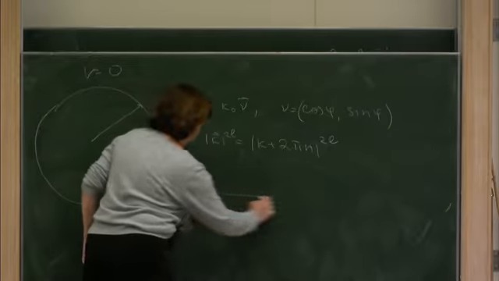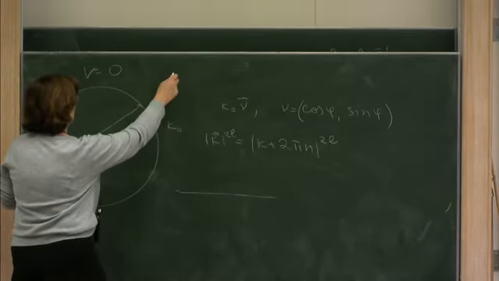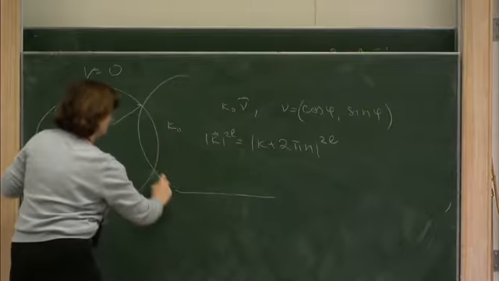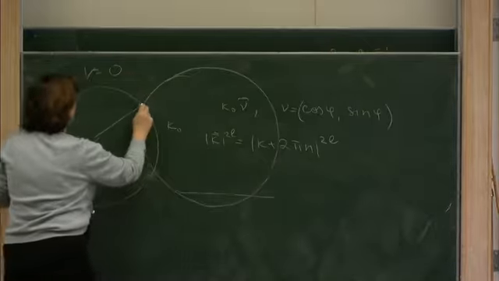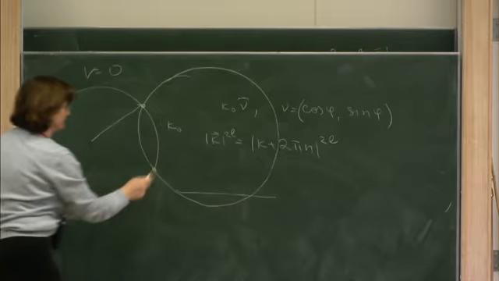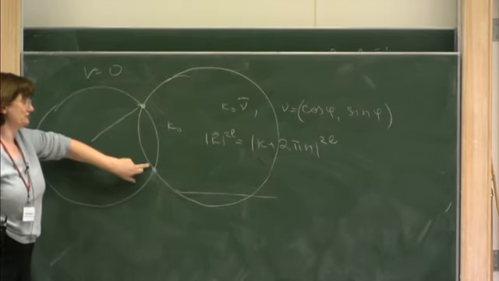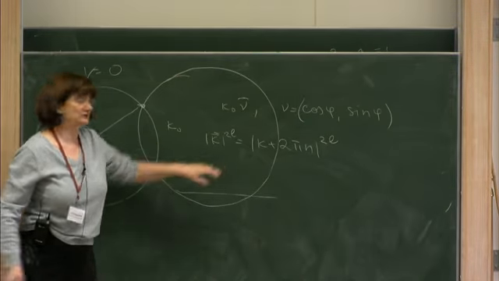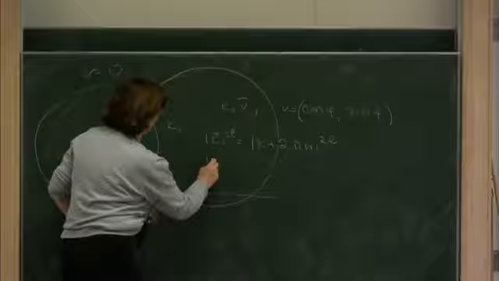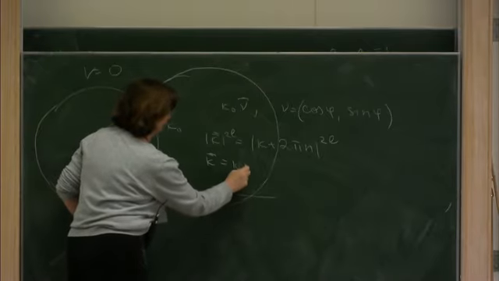This means that these two disks can intersect, and if they really intersect, there is a real phi which satisfies this equation. Here K is K0 nu.